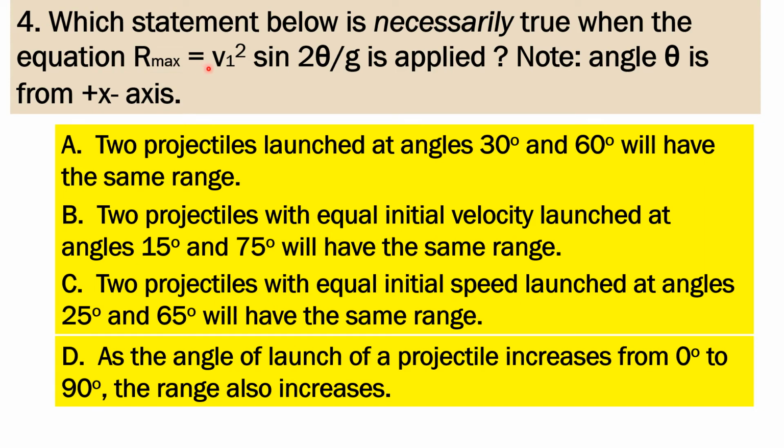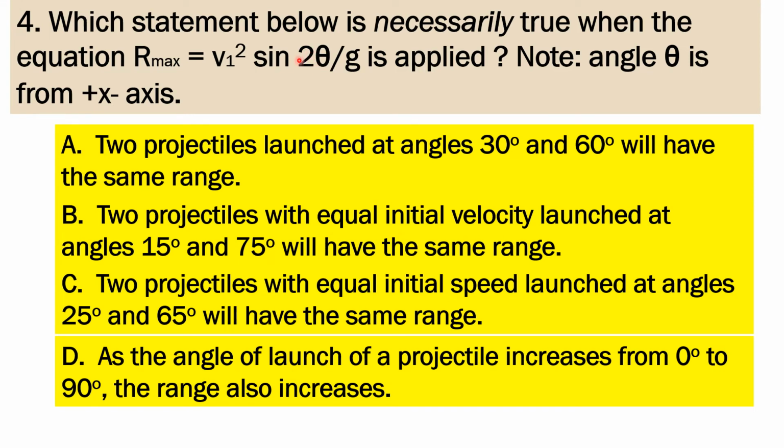So these statements have something to do with how you understand the meaning of this equation, R max. Earlier, while discussing the concepts, I already mentioned that the meaning of sine 2 theta is that before you get the sine value of the angle theta, you first have to multiply the angle by 2.